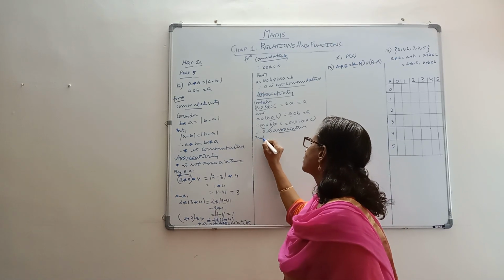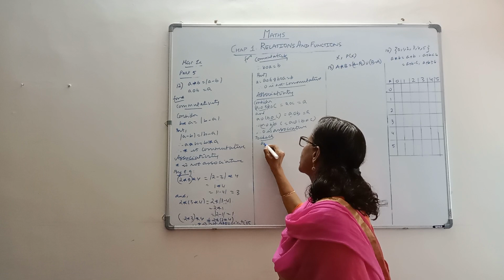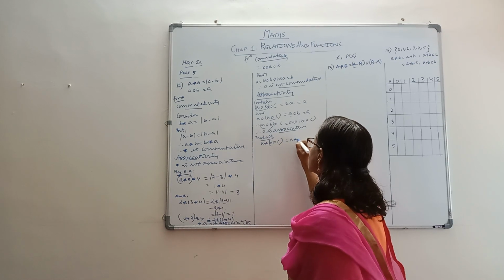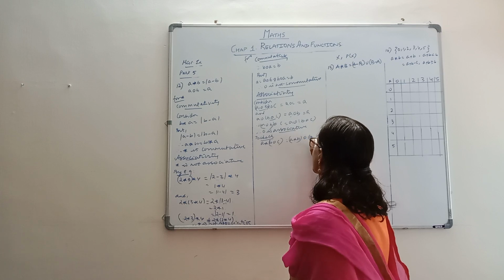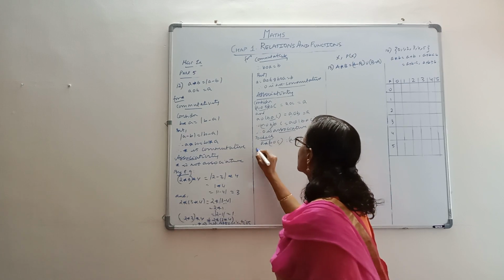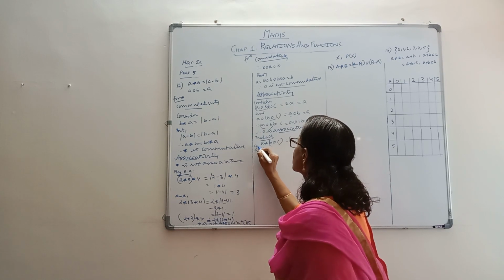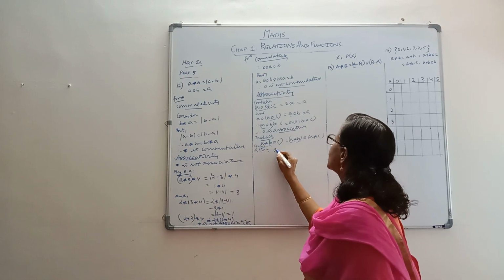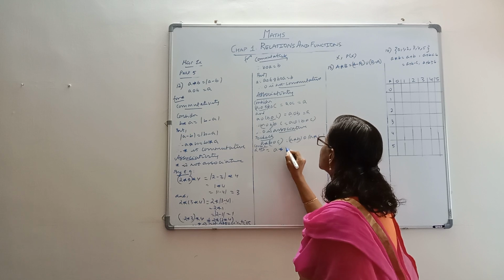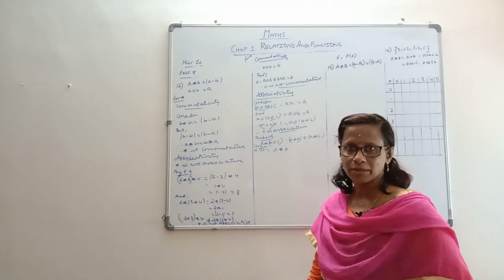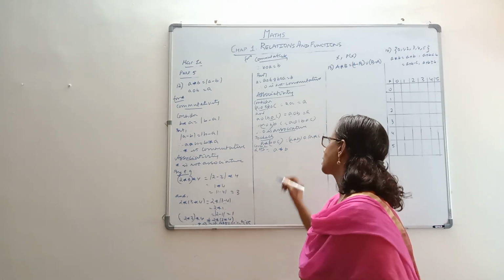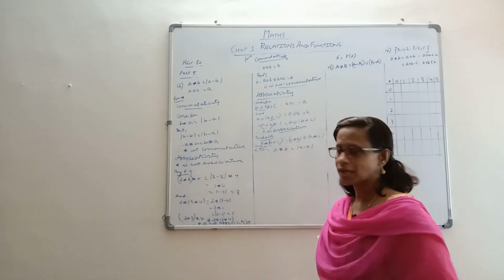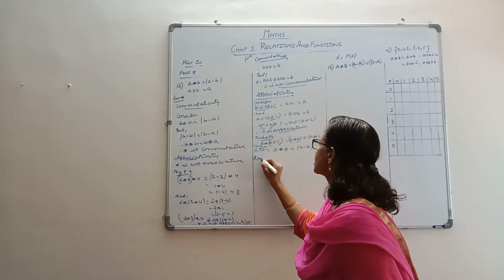To check: A star (B O C) is equal to (A star B) O (A star C). Let's consider the LHS. A star (B O C) means first element B, and star means it is modulus, so modulus of A minus B. Now the RHS.